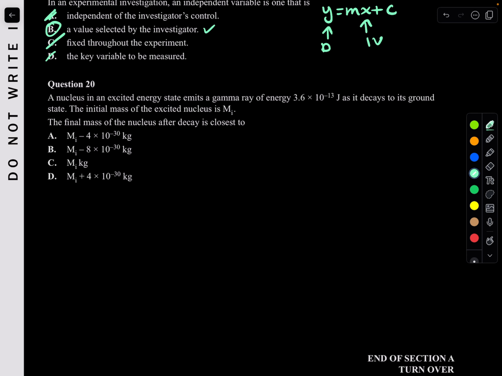A nucleus in an excited state emits a gamma ray of this energy as it decays to its ground state. The initial mass of the excited nucleus is Mi. The final mass of the nucleus after the decay is closest to what? Okay, let's have a look. Let's just draw these two straight lines here.